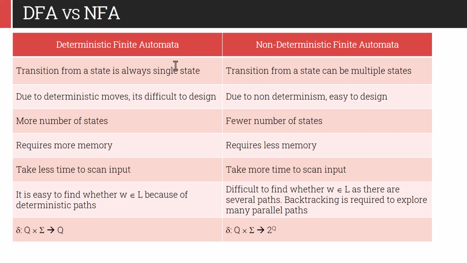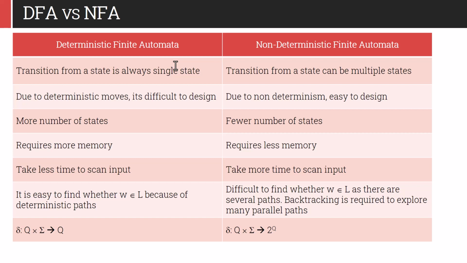And finally, the transition function for DFA is defined from Q cross sigma to Q. That means we are in some state Q and we are reading some alphabet symbol from sigma, then our move will be to one state from Q only. Whereas in case of NFA, the transition function is Q cross sigma to 2 power Q. That means we are in some state Q, we are reading some input alphabet from sigma, then we can move to any subset of Q. That means it's a power set.